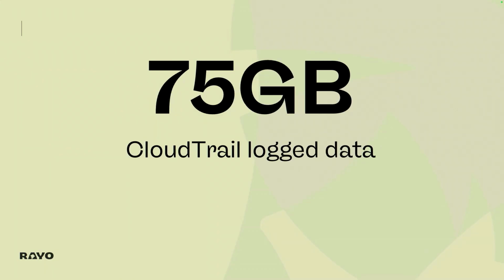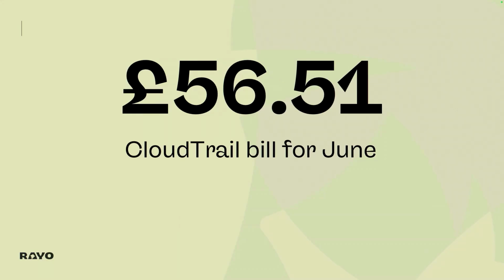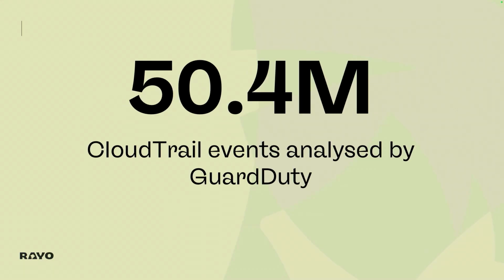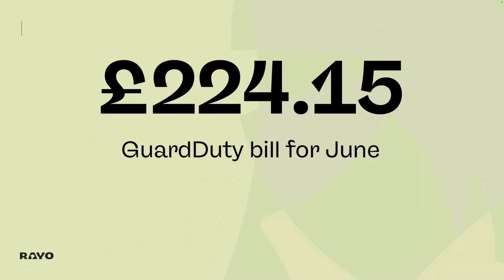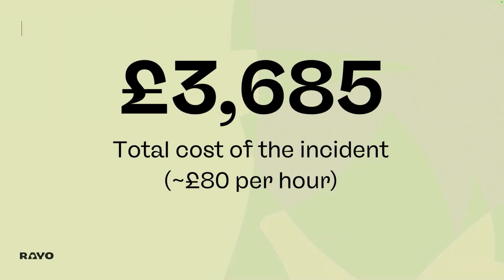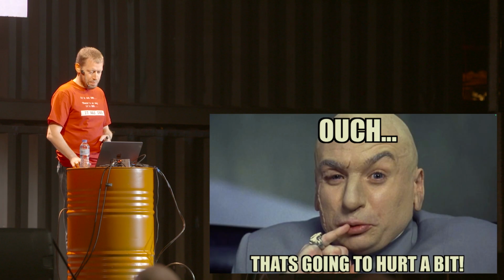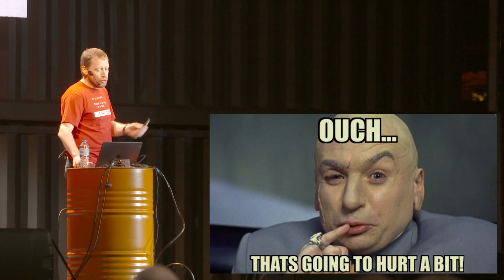It logged 75 gigs of CloudTrail data, which cost 56 quid. GuardDuty was analyzing that CloudTrail log data and analyzed 50 million events. That cost 200 quid. So all in, it was over 3.5 grand for one very trivial mistake that wasn't caught. It's going to hurt. Okay, so that's the story.